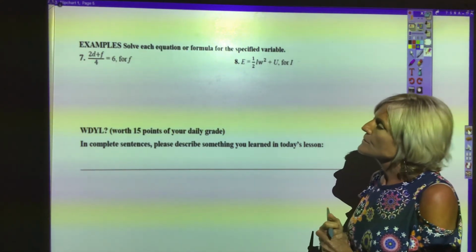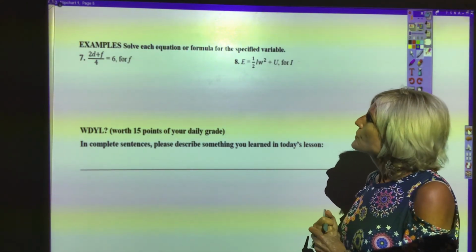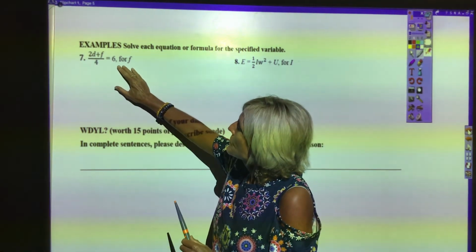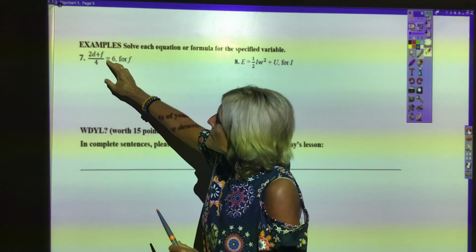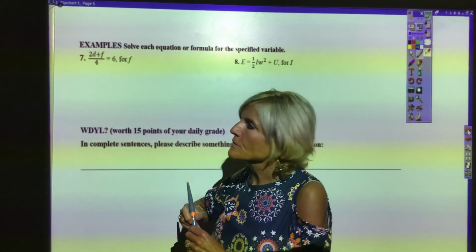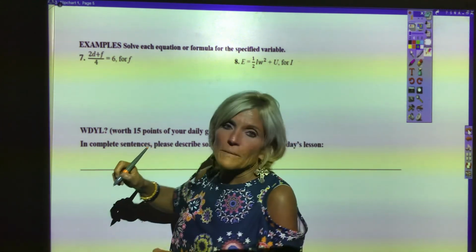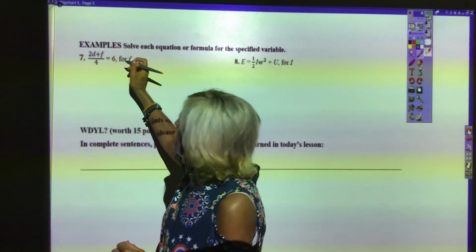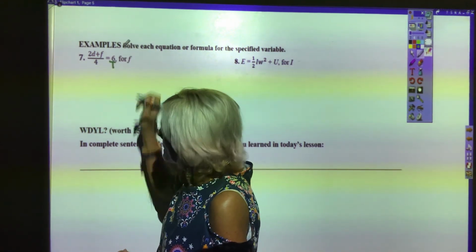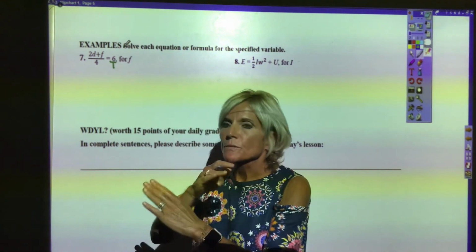Okay, on the last two, we are going to solve for a specified variable. So in this first problem, we're going to solve for f. You can see that it's up in the numerator here. And one little trick if you want to get rid of a fraction, and because both sides aren't fractions, is to make the right side a fraction. Put a 1 underneath the 6, and then we're going to cross multiply.